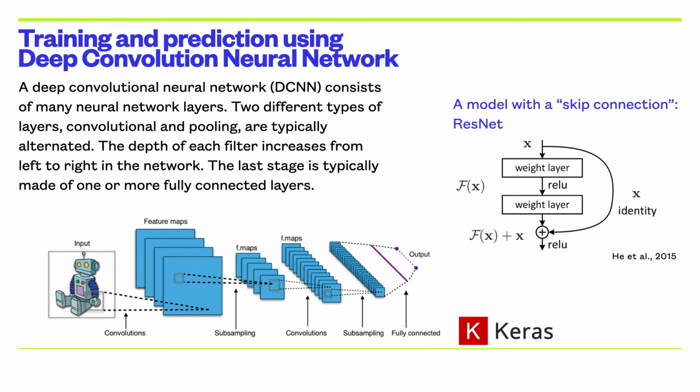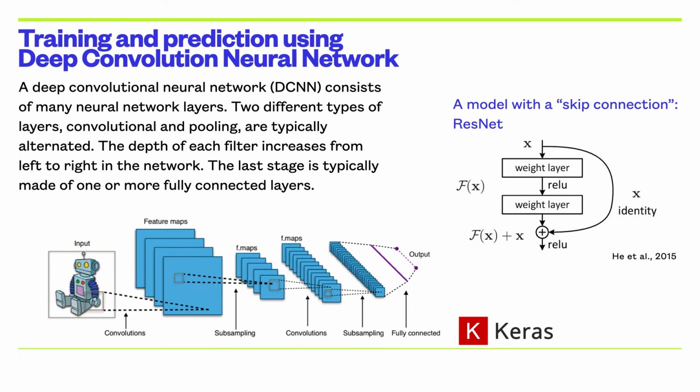This deep convolution neural network consists of many neural network layers, and two different layers, convolutional and pooling, are typically alternated. So in this process, an image is subsampled multiple times. In this process, it is also being filtered.